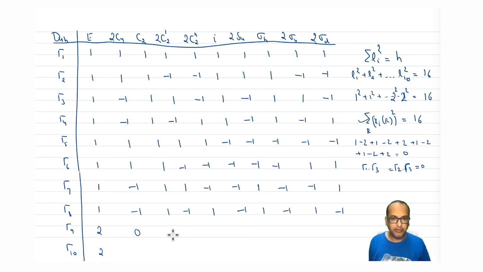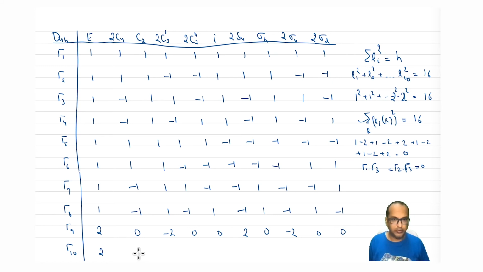So you have 2, 0, minus 2, 0, 0, 2, 0, minus 2, 0, 0.